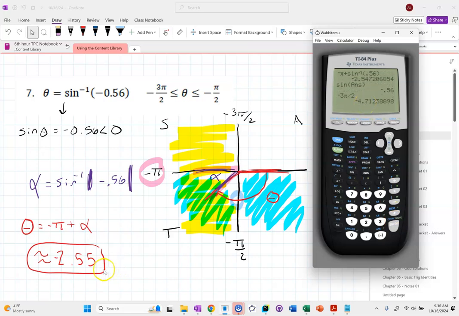Well, it's bigger than negative 4.7, and it is smaller than negative 1.57. So I am for sure convinced that I have the correct answer because it satisfies the equation and it falls within the specified range of values.